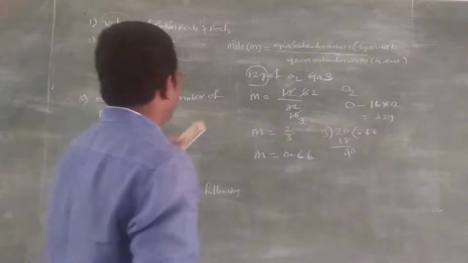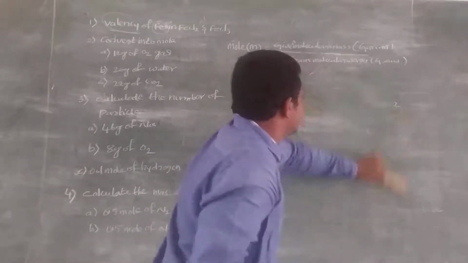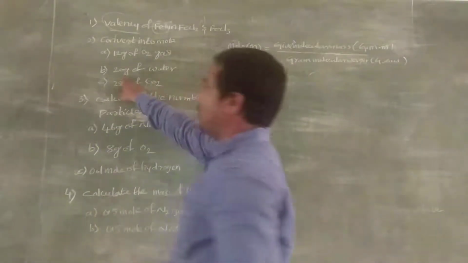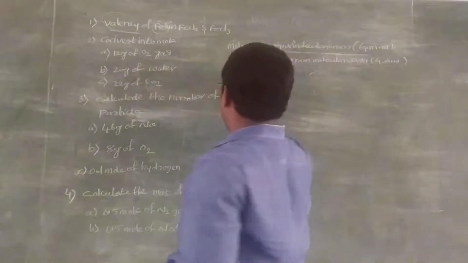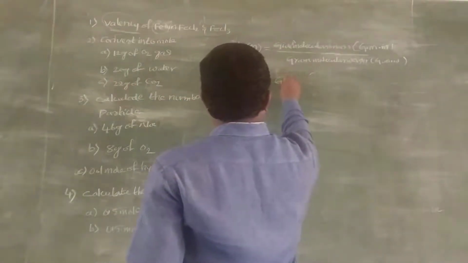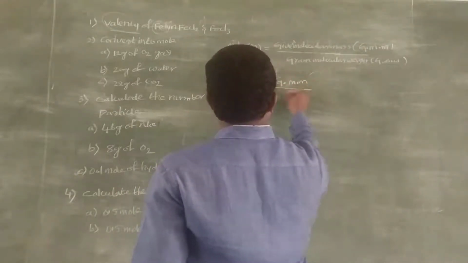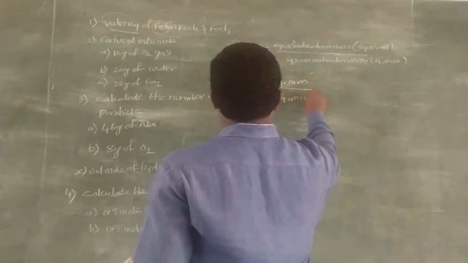And next one is 20 gram of water. So in this 20 gram of water, you want to find mole: M is equal to given mass by gram molecular weight.